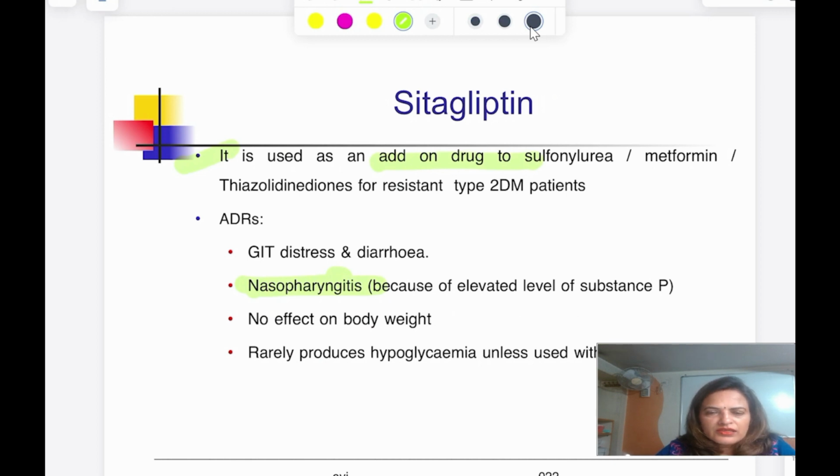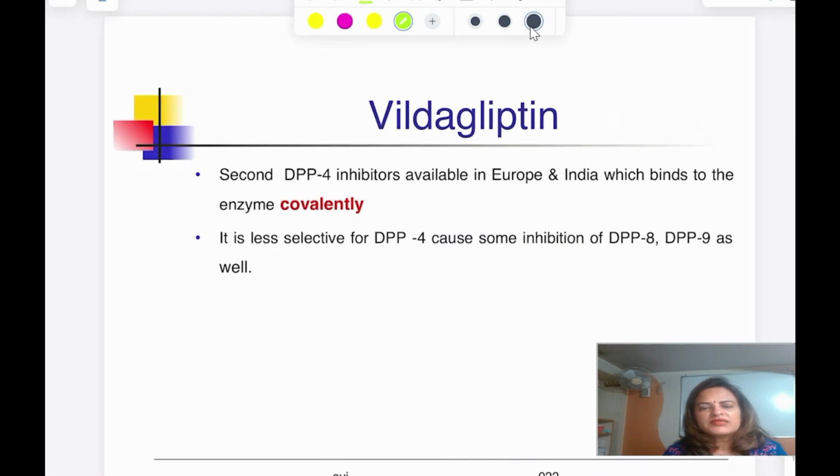Among insulin secretagogues, maximum hypoglycemia is seen with the sulfonylurea group of drugs. After that, repaglinide and the meglitinides do not show hypoglycemia because of their short duration of action. Exenatide and liraglutide also do not show this, and even this group of drugs rarely produces hypoglycemia, only when we give it as an add-on therapy.